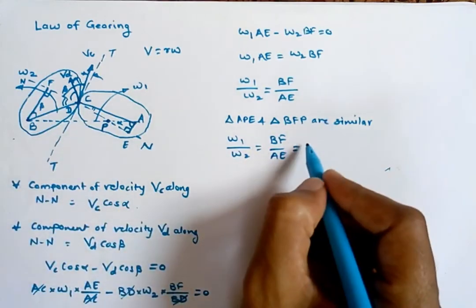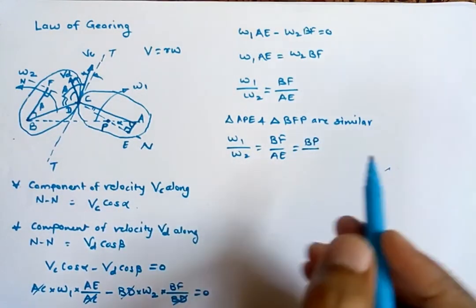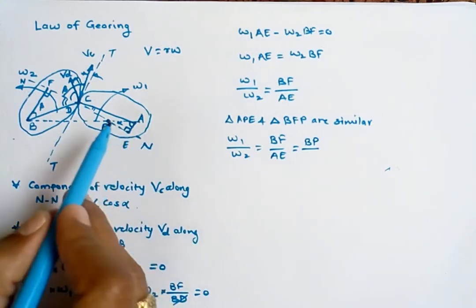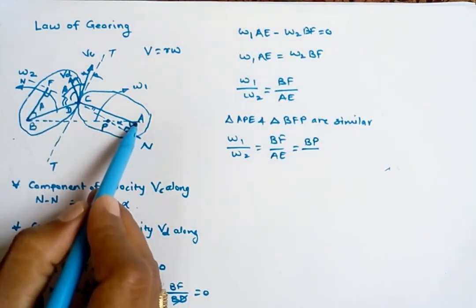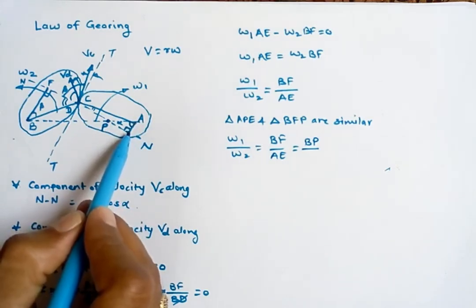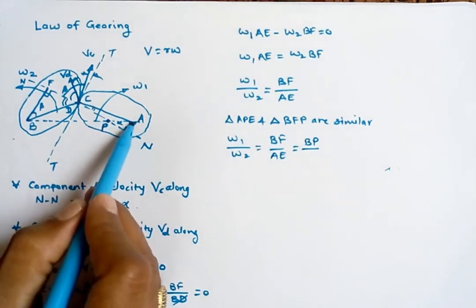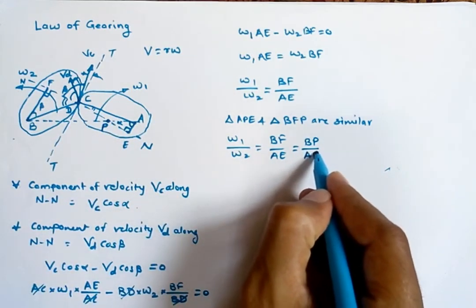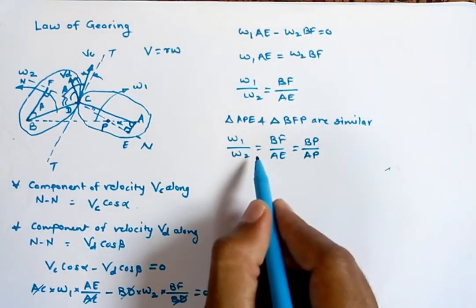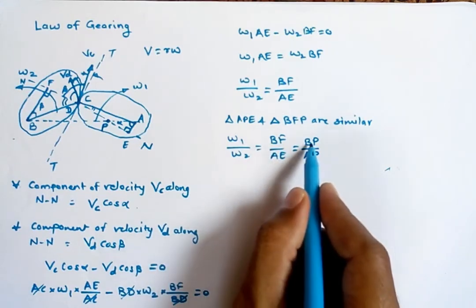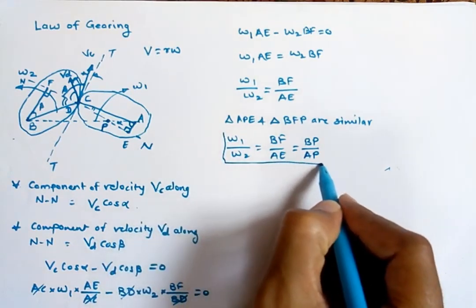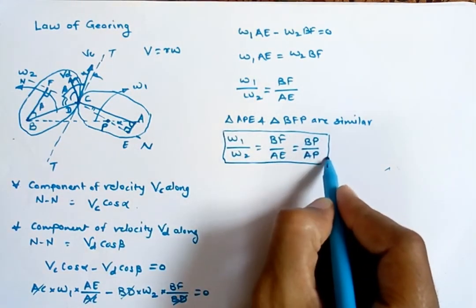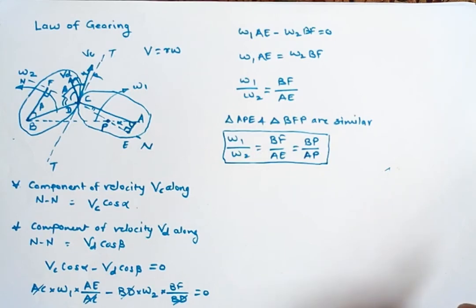So I will rewrite this as BP upon the other side, AE in triangle APE. Instead of side AE, we can write it as PE or AP. So omega 1 upon omega 2 is equal to BF upon AE is equal to BP upon AP. So this is the required equation for law of gearing.